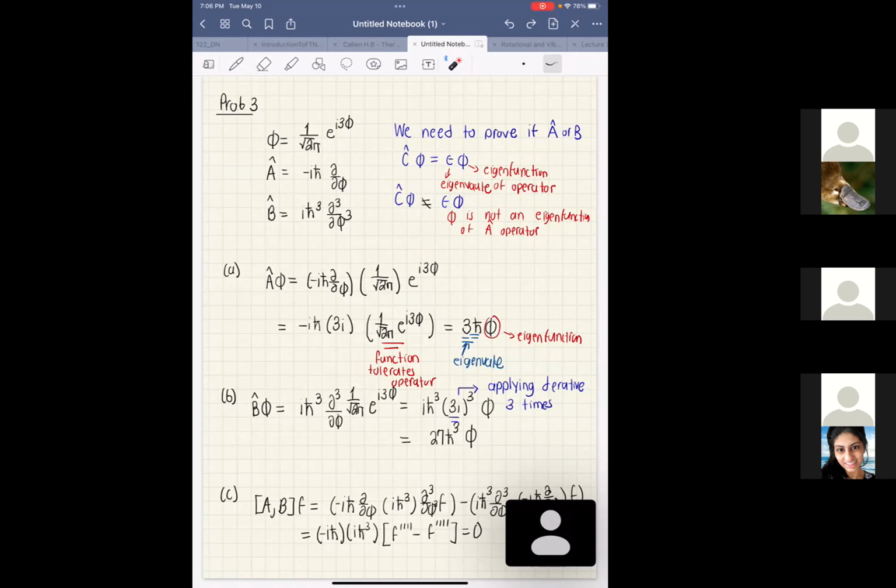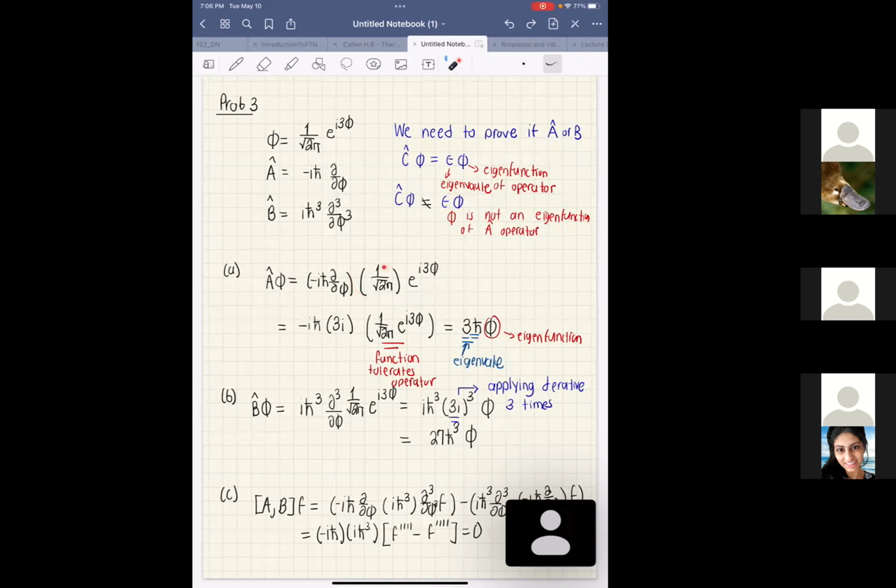Okay, so in problem 3, it's asking you to find the eigenvalue of this function here, and we see if it's an eigenfunction of that operator. So we apply the operator on here, and we see if the function tolerates the operator, which means you'll have the same function.